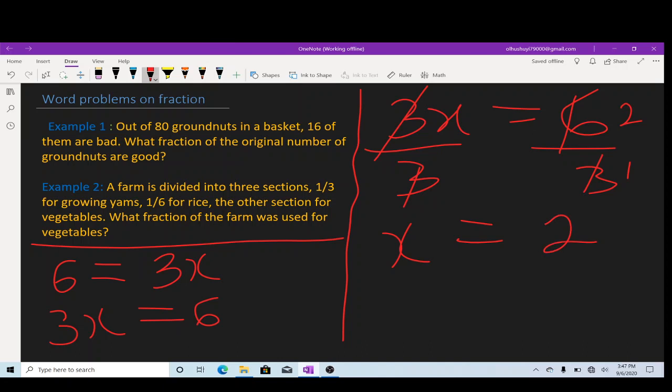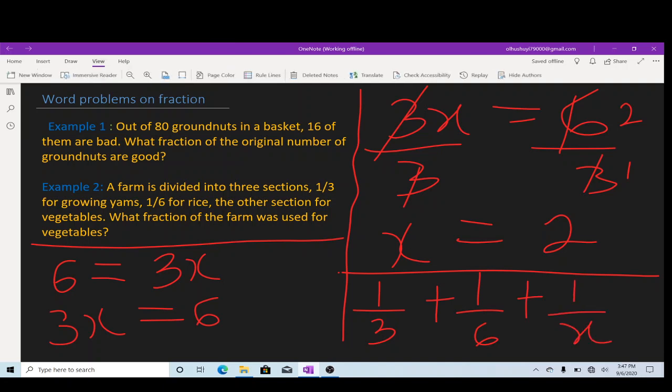Don't forget, we add 1 over 3 plus 1 over 6 plus 1 over x. Our x is now 2. So you clean this, clean this.